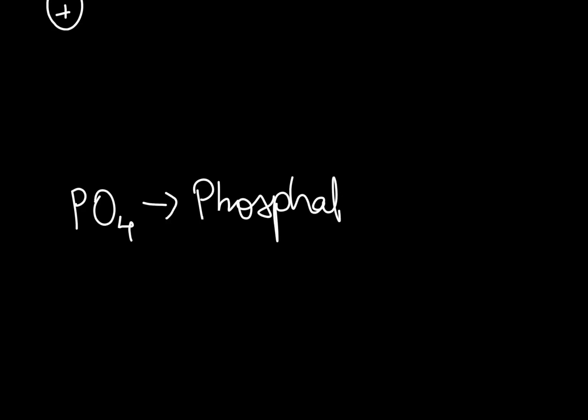And what you will find is PO4, and that it is called phosphate. Now you know that phosphate ends with ate, which means it is a base ion. Now if this is the base ion, what you have is phosphite.